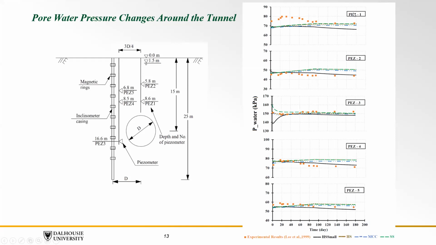Here we have the predictions for piezometers 1, 2, 3, 4, and 5, at different locations over the tunnel. Again, we can see that the performance of the hardening soil model with small strain is the best.